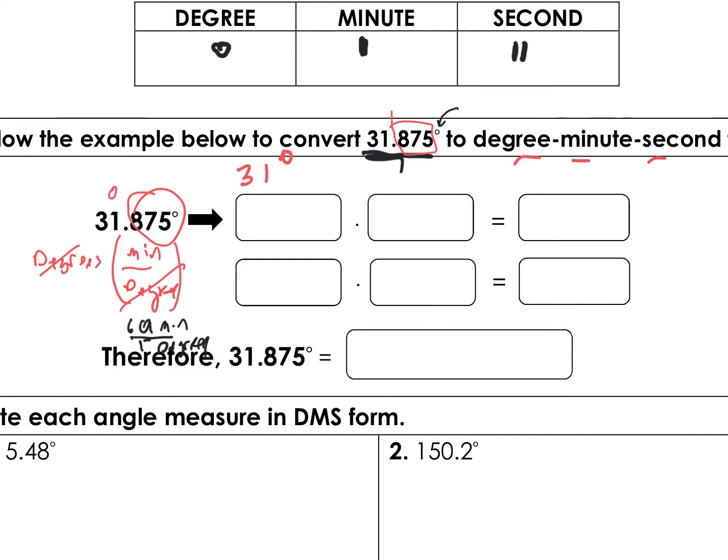So I'm going to take this 0.875 and multiply it by 60 minutes for every 1 degree. The degrees cancel, so I'm just left with 0.875 times 60. Go ahead and do that math. We'll find out how many minutes there are.